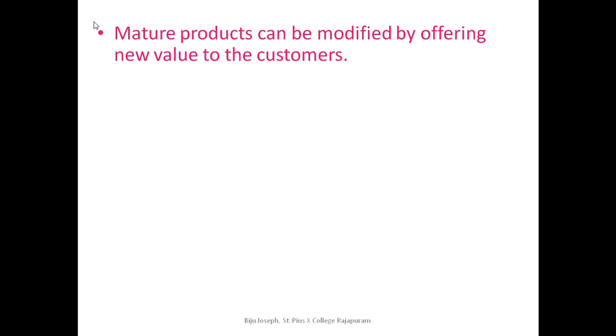Mature products can be modified by offering new value to the customers. So that is the option available to the marketer during the maturity stage. For example, in the case of color television, we have seen that the particular product was in maturity.